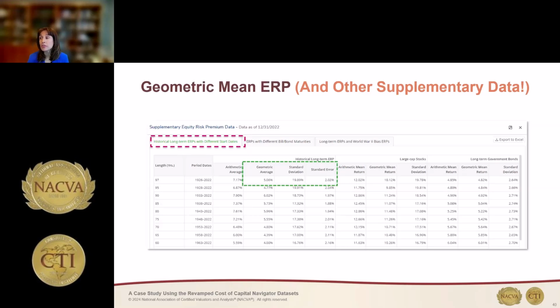And it seems that for valuation purposes, like what we do, the arithmetic average would be more appropriate. It's the most unbiased estimate of what the future would hold. And the geometric average would be better if you're looking at your return on your 401k versus other asset classes and what they have done in the past.